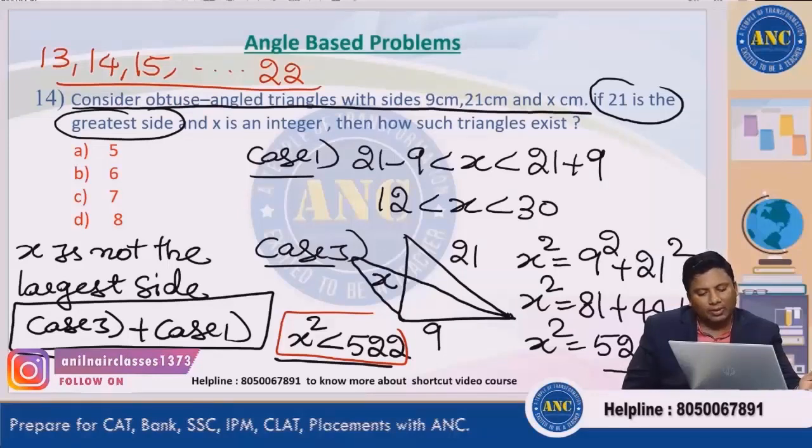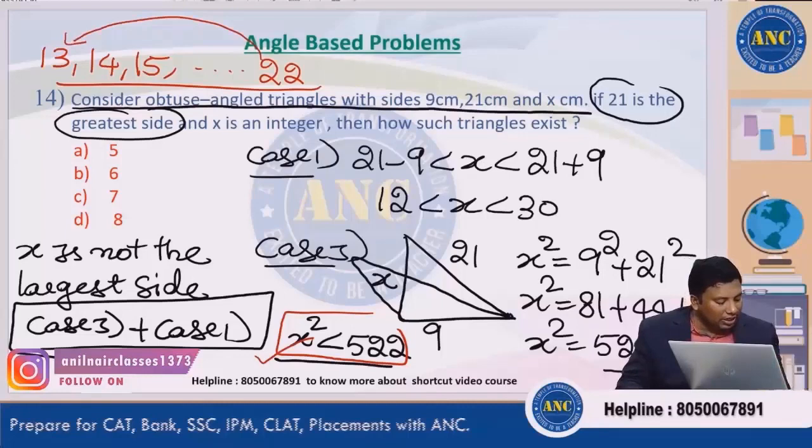X square should be less than 522. X square less than 522 means 22 square is 484, so 22 is the last value, from 13 to 22. Just check the calculation. I am getting a total of 10 values. If there are any calculation mistakes, you can correct them. I hope it is clear, right?